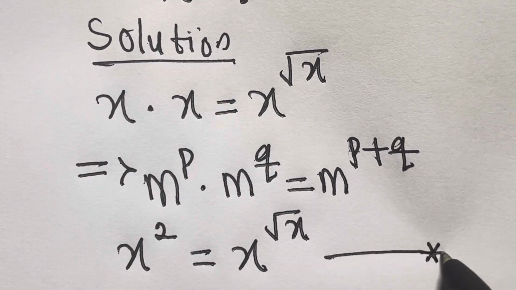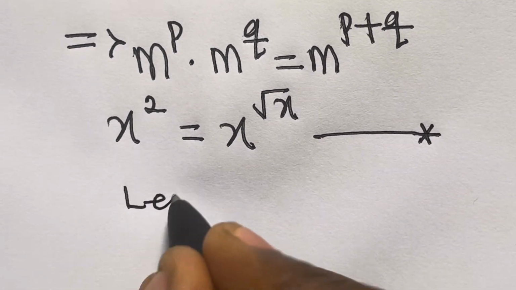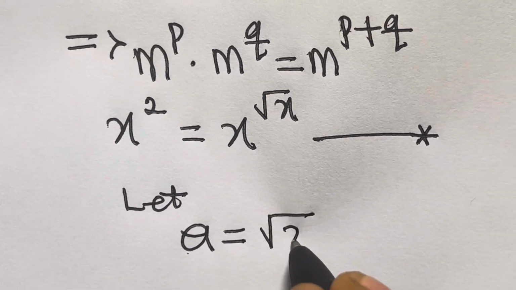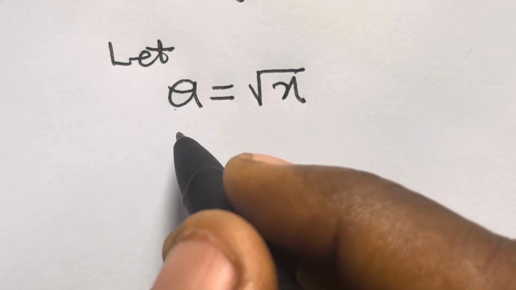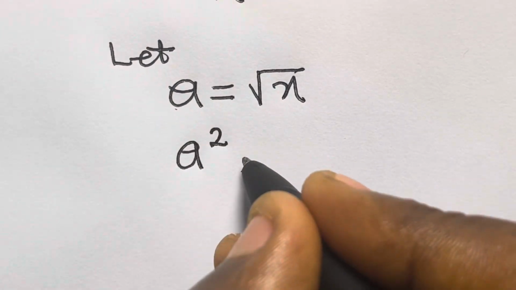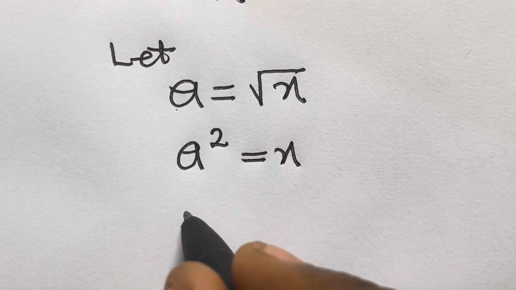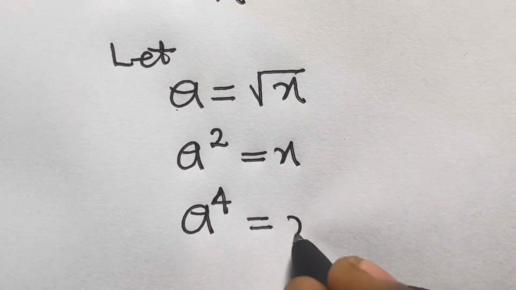So we have this. Now let's say our a is equal to square root of x. And if a equals square root of x, that means that a squared will equal x. And if you have a raised to power 4, this will become x squared.